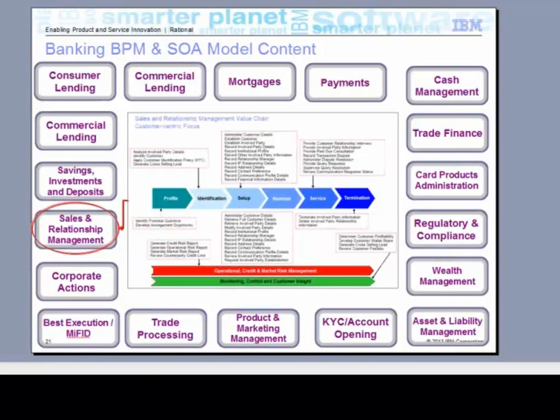Some of the different areas covered with the banking models, the different business domains within banking, you can see on this screen here. We've highlighted the sales and relationship management domain area, and in there you can see all the different business processes associated with sales and relationship management. Again, this is just a quick cursory overview.